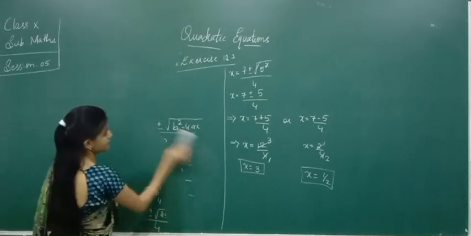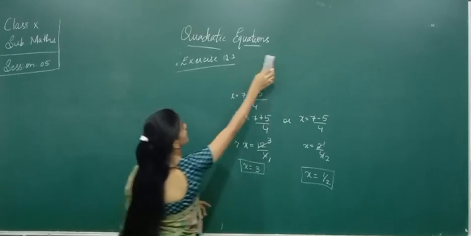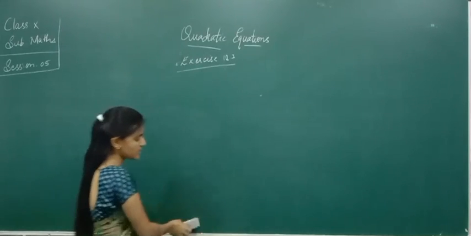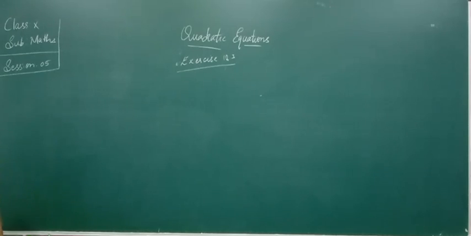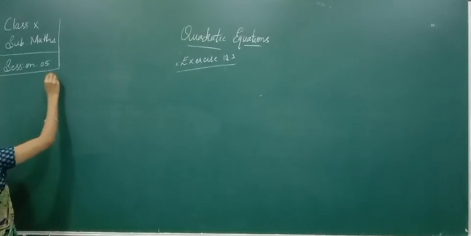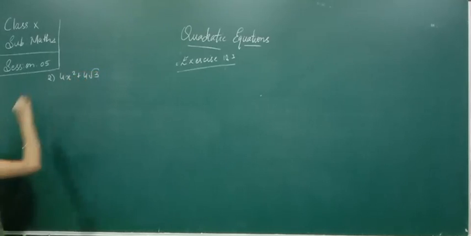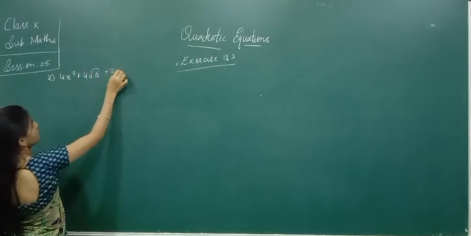Okay. They have asked us to find the roots of the equation by quadratic formula. In our previous session, we have already discussed about completing square method, right? Now, just focus on quadratic formula. What it is? Next, 4x square plus 4 root 3 x plus 3 is equals to 0.